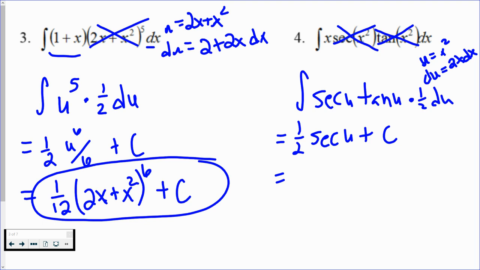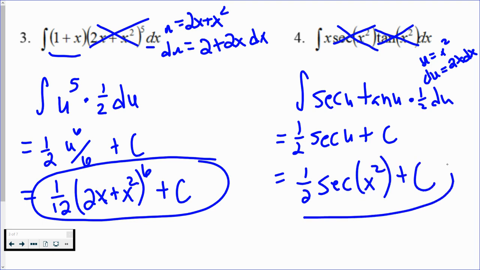Now let's plug back in our u. That would be 1/2 secant of x squared plus c. Now think about taking that derivative to work backward and check. We'd have 1/2 times secant of x squared times tangent of x squared times the derivative of the x squared, 2x, which would end up giving us that original function. So we could quickly check that with the derivative.